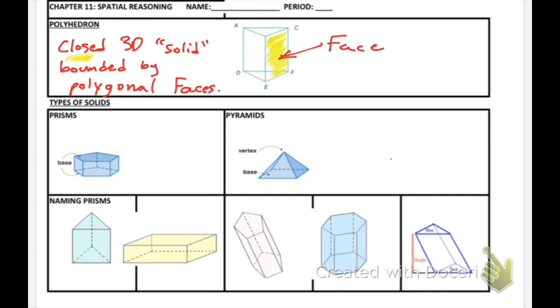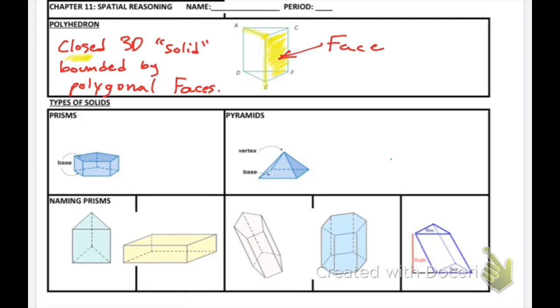The face is just the side of your solid. Now the edge, we have a lot of edges in this shape here, and the edge is just where two faces or three faces come together. So that would be an edge.